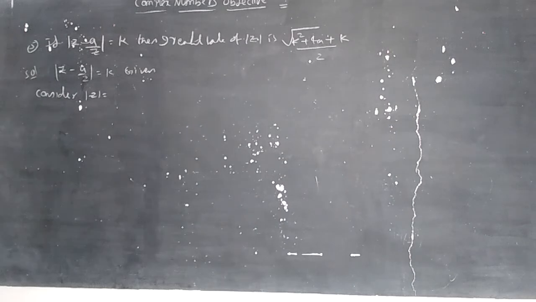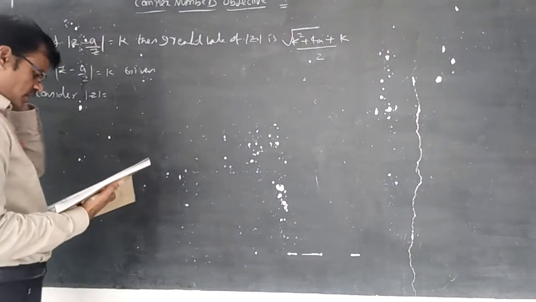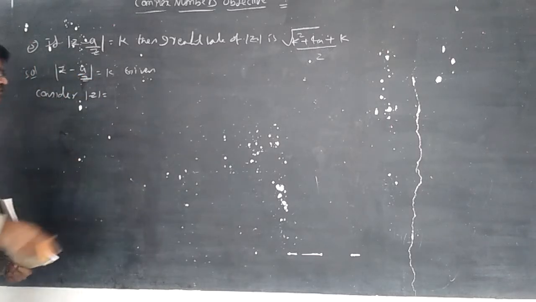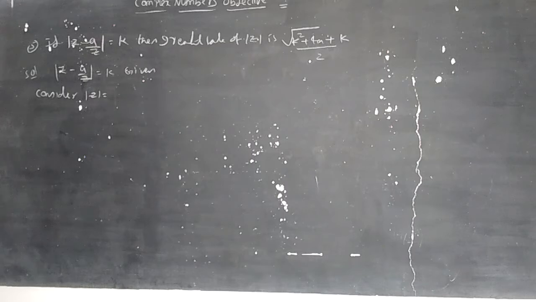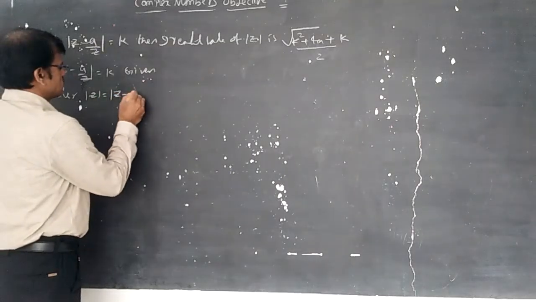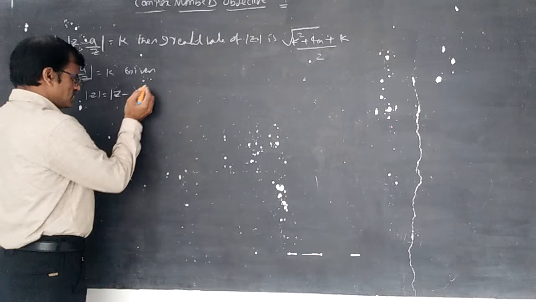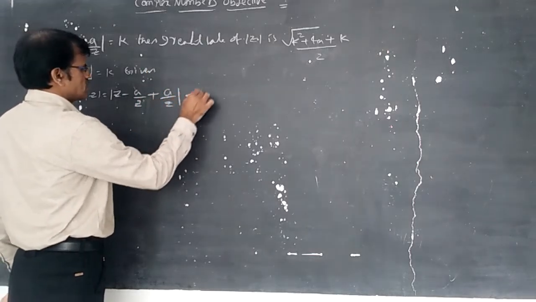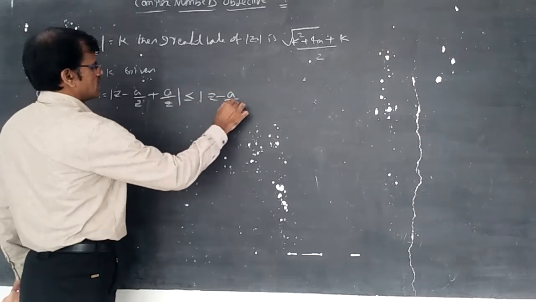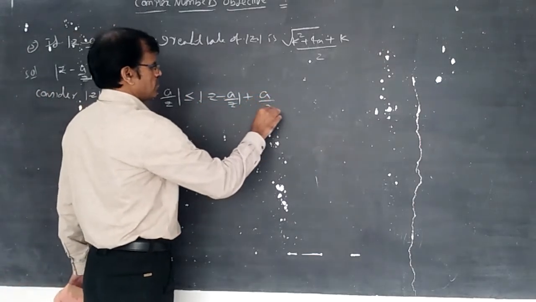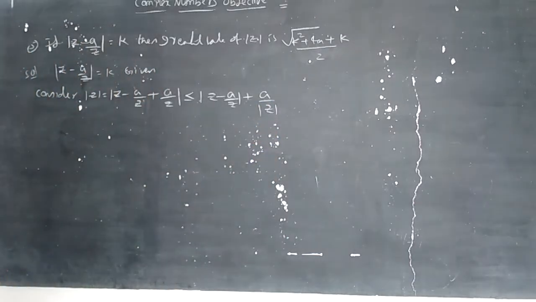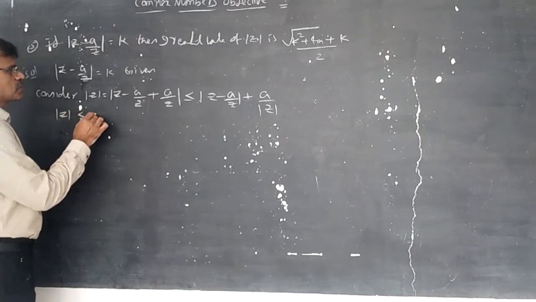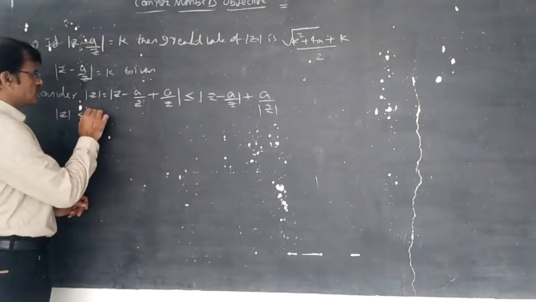In a similar way, in the previous case we calculated z minus a by z. Now it is not 2, this is also z. So that was wrong, it is not 2. Mod z is equal to, considering like this, modulus of z minus a by z plus a by z. This is less than or equal to modulus of z minus a by z plus modulus of a by z. Now the value we have considered, modulus of z minus a by z is equal to k.